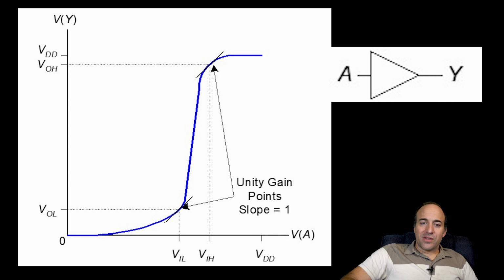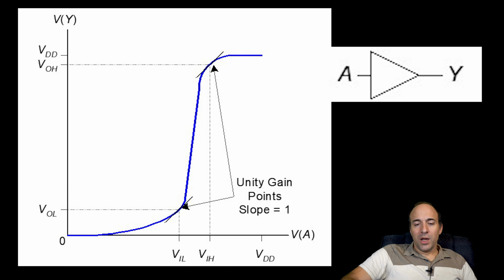The x-axis location of the first unity gain point is VIL, and its y-axis location is VOL. So the x-axis here represents the input voltage, and the y-axis represents the output voltage.